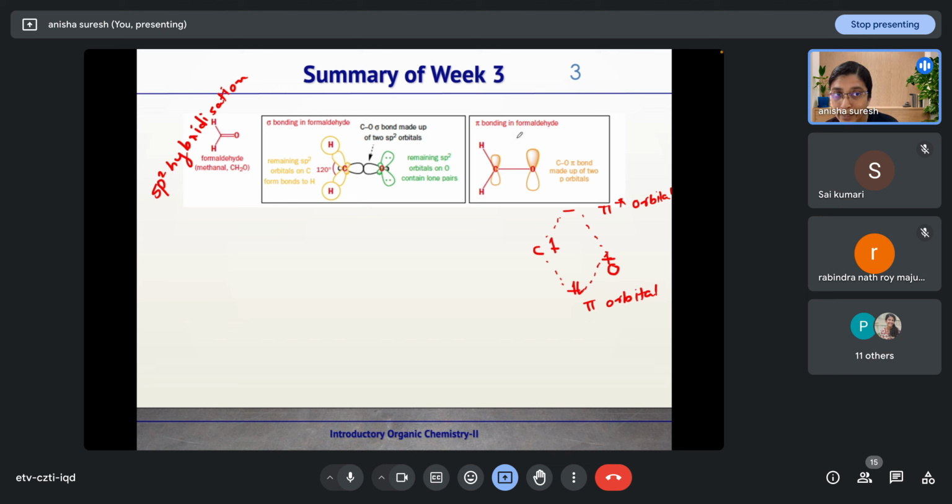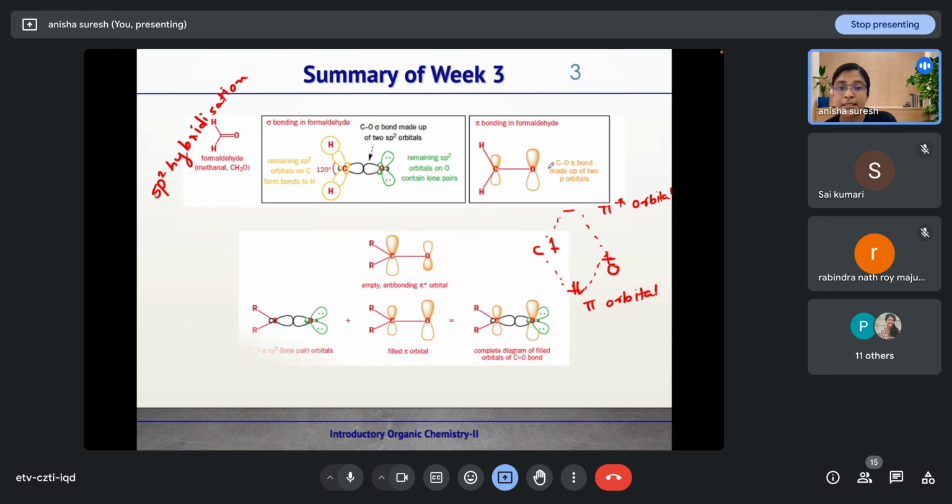So, for pi bonding in formaldehyde, as you can see here, the major contribution will be from oxygen. The orbitals in oxygen will have more contribution than those of carbon, so this has bigger orbitals compared to carbon.